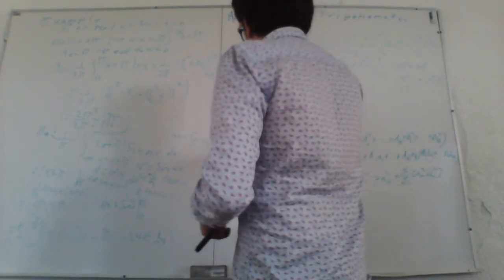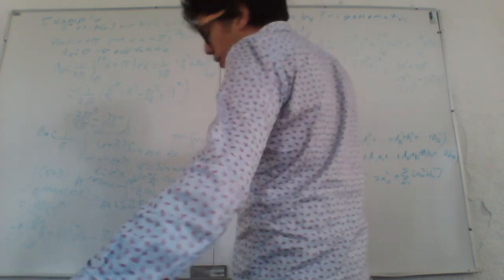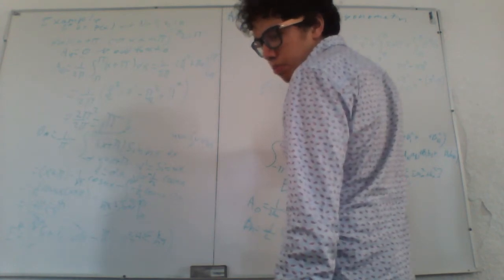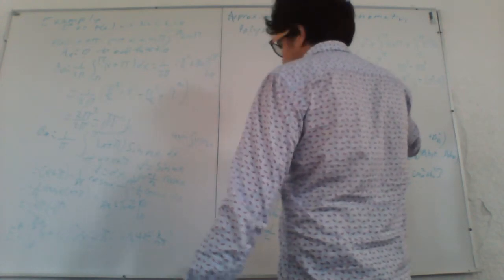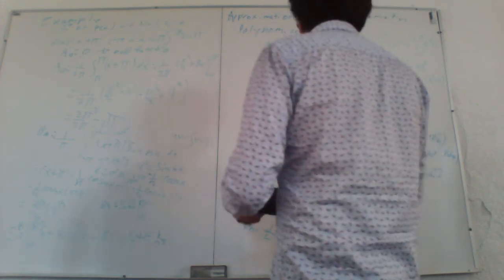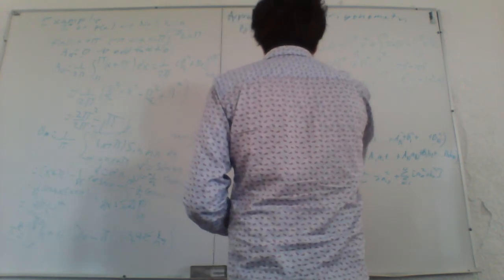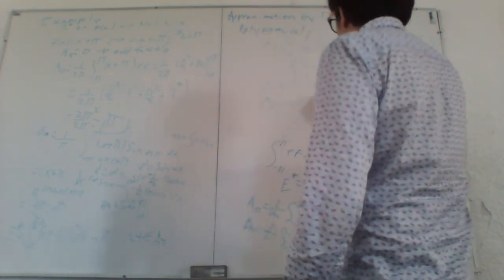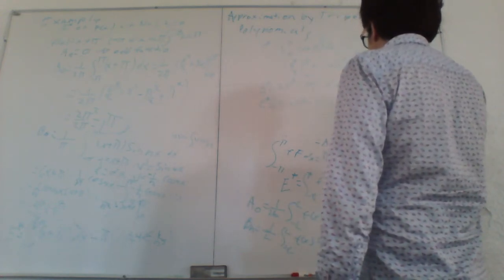So pi to the third minus pi times 2 pi squared plus 4 times 1 over n squared. Okay, if we want for n equal to 1, then it's 2 pi to the cube minus pi times 2 pi squared plus 4.